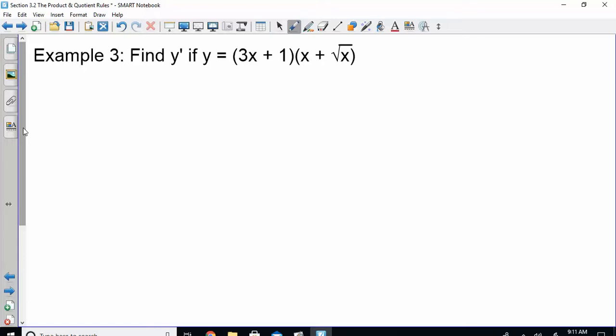Probably foiling, since there's only 2 terms in each parentheses, that wouldn't be a big deal. Since we're learning product rule, can I do it that way to practice? But know that, in general, I'm not going to care how you do it, as long as you can get the derivative. It would be beneficial, instead of a square root, to write that as x to the half power.